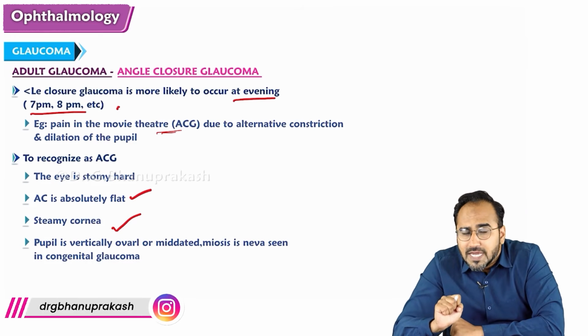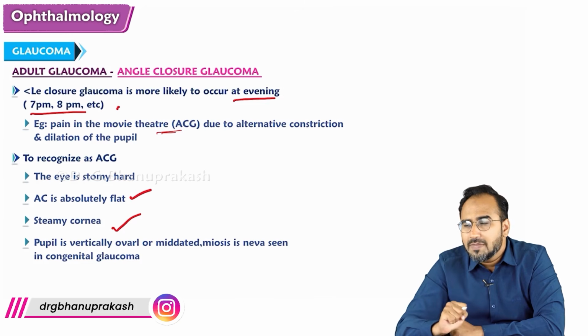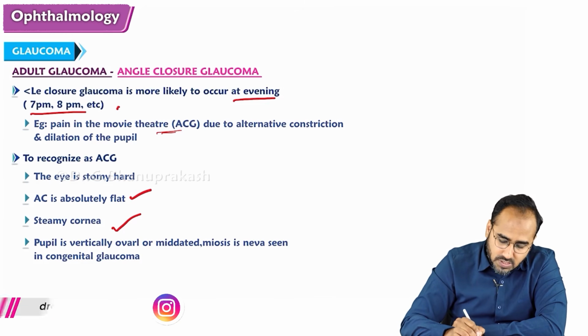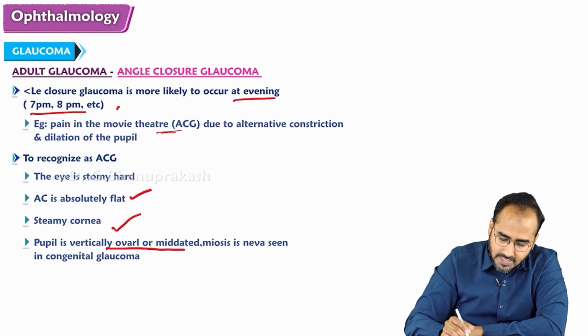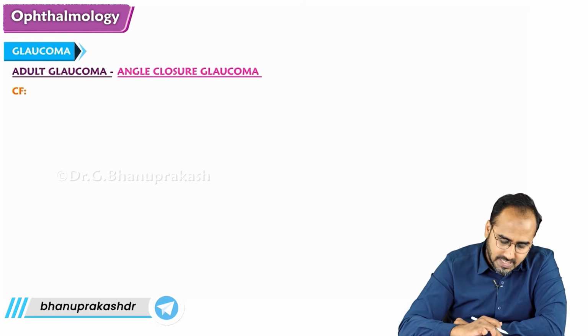The anterior chamber is flat. And how is the pupil? The pupil is always mid-dilated, right? These are the signs of angle closure glaucoma.